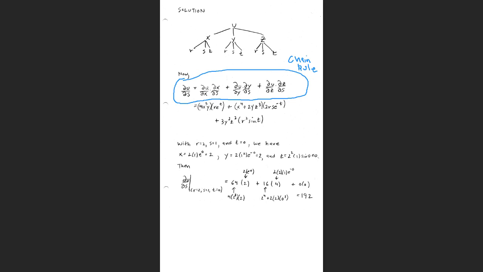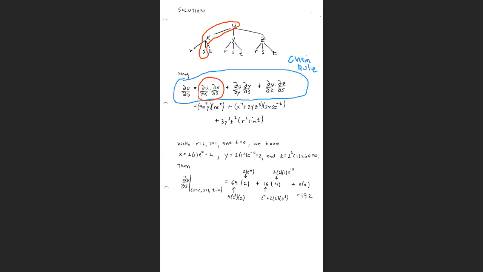So you see here, based on the three paths, if I highlight the paths here, here's one path, and that corresponds to this part, that link in the chain rule. And you notice we have the partial derivative of u with respect to x, because u is a function of x, y, and z.